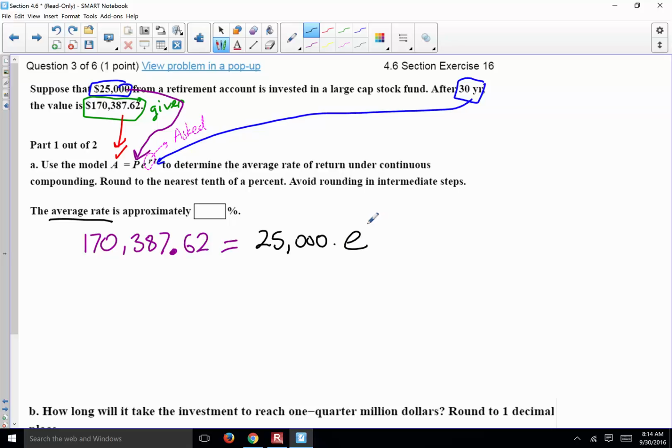E is a fixed constant. R is unknown. What is T? 30.